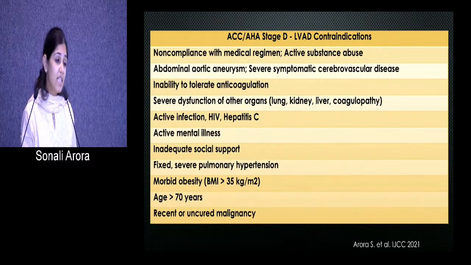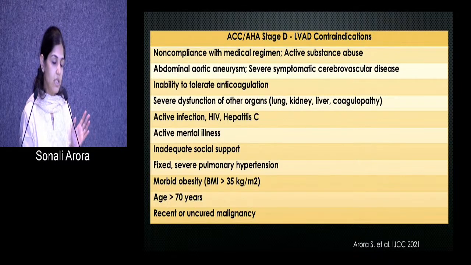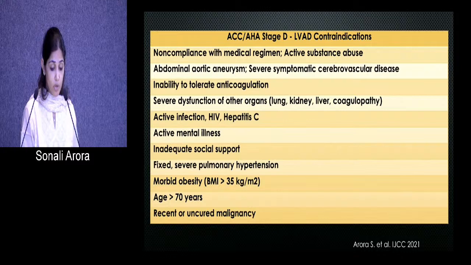But again, in these patients, LVAD might be a better therapy as compared to transplant, as they'll be using immunosuppression, and immunosuppression itself can cause a risk of malignancy on a long-term basis.